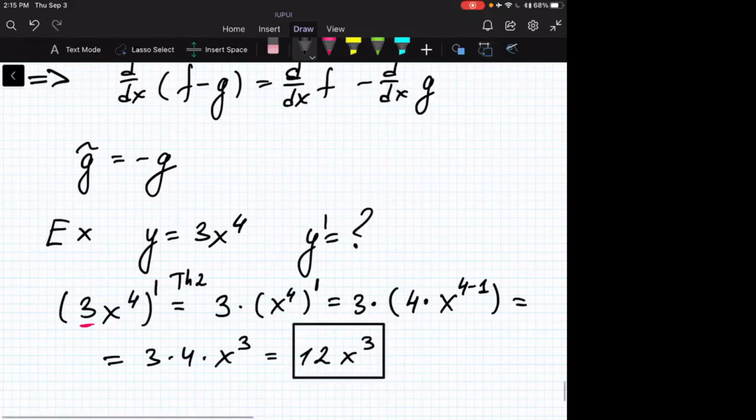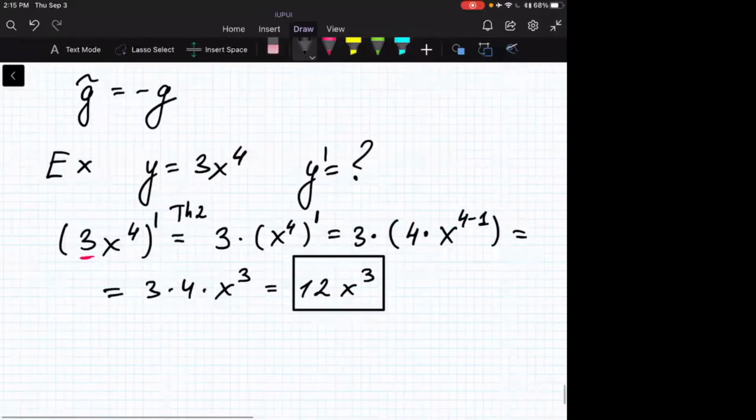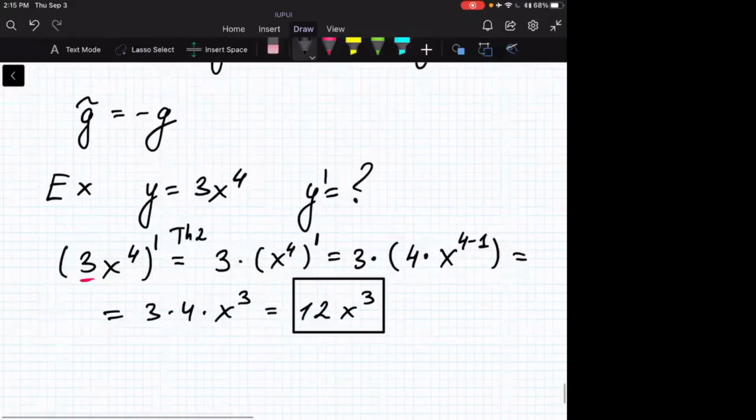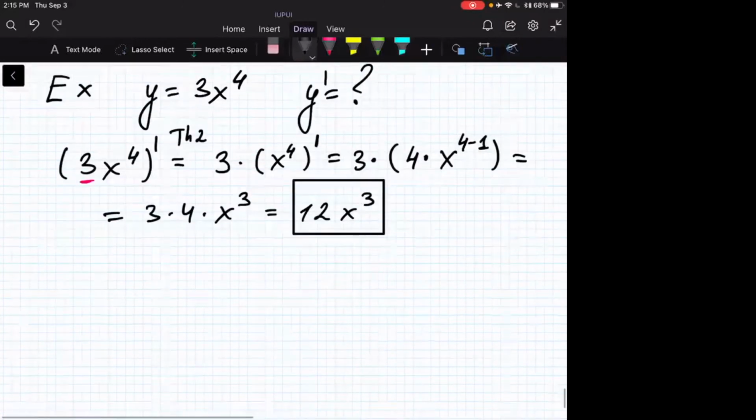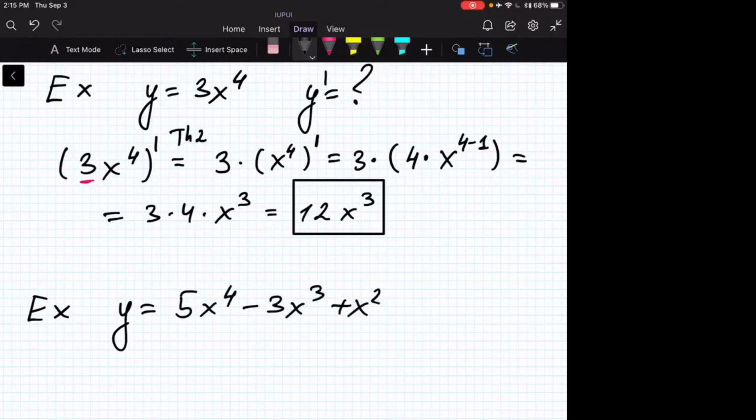So again, very nice, because I don't need to consider 3 steps or whatever. This is just a warm up in some sense, because now we can differentiate a very complicated function, which is the polynomial 5x to the power 4 minus 3x to the power 3 plus x squared minus x plus 10.